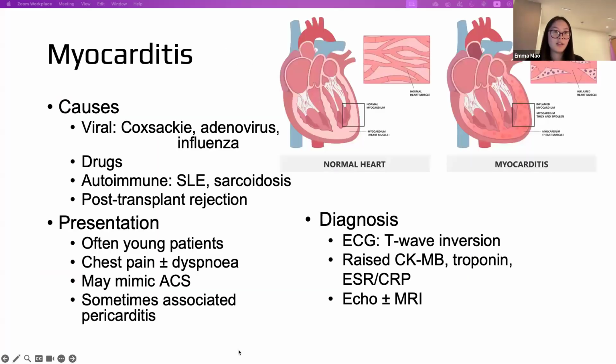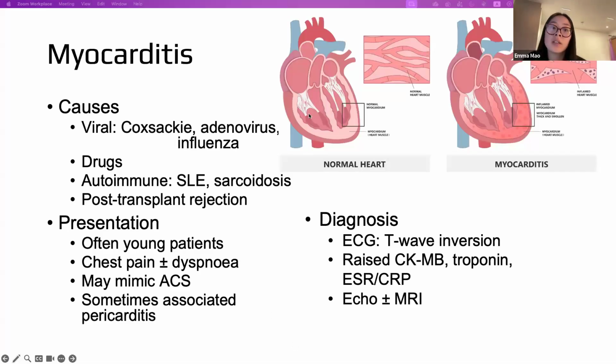Okay. So myocarditis. It can be caused by viral causes, so Coxsackie virus, adenovirus, and influenza, drugs, autoimmune causes, so lupus, sarcoidosis, and then post-transplant rejection. It often presents in young patients, with chest pain and dyspnea, can mimic an acute coronary syndrome, and sometimes has associated pericarditis as well.